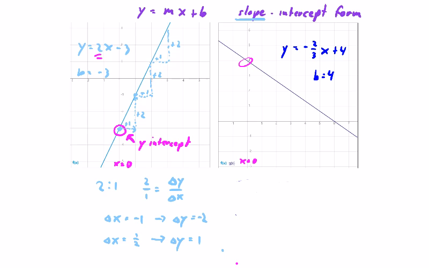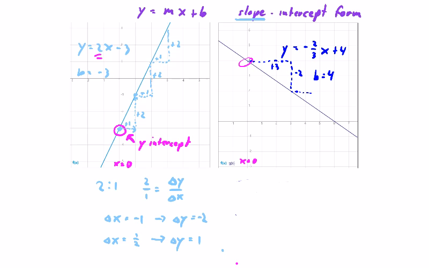Let's come over to the other equation. This one has a slope that is apparently negative 2/3. Let's see what that means on this graph. Since we started at a value of 4, every time x goes over by 3, it's a 2 to 3 ratio. So when x goes over 3, y goes down 2.